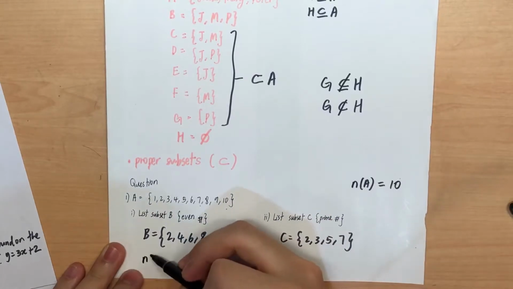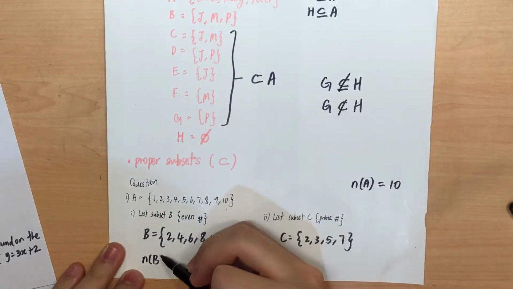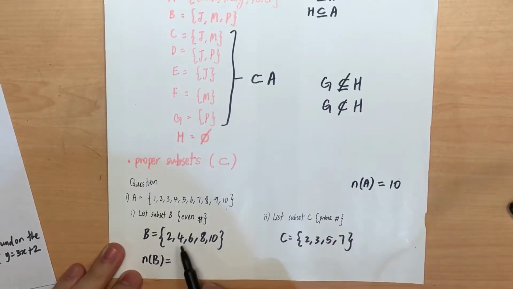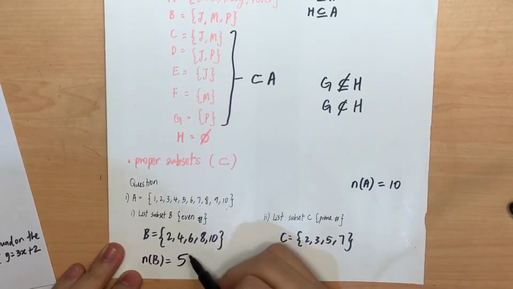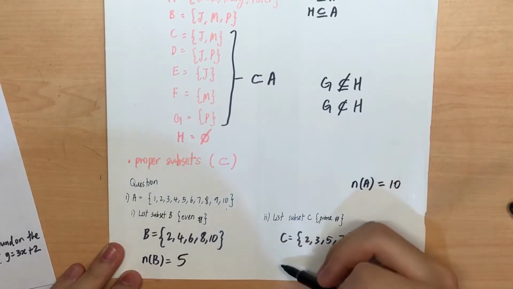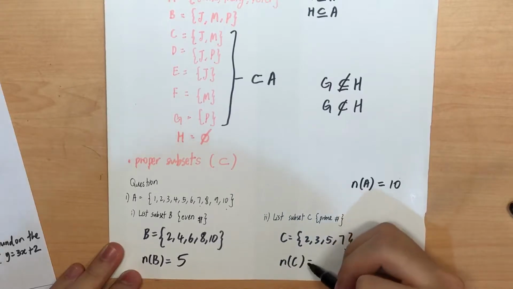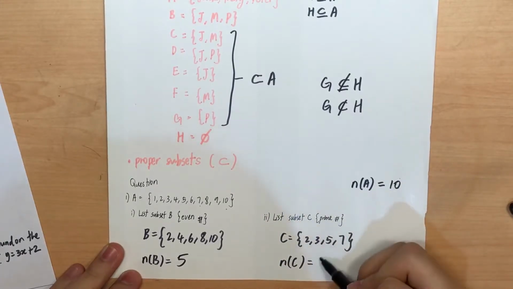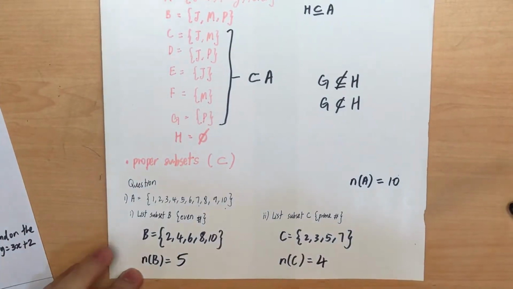And the number of elements in set B equals 1, 2, 3, 4, 5. There are 5 elements in set B. And the number of elements in set C is 1, 2, 3, 4. There are 4 elements in set C.